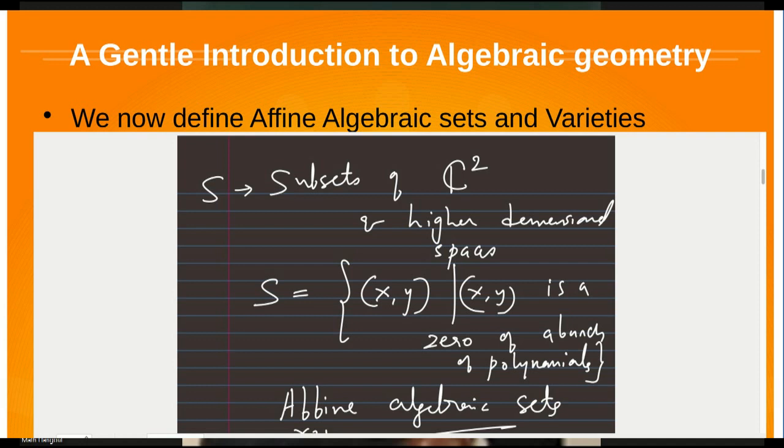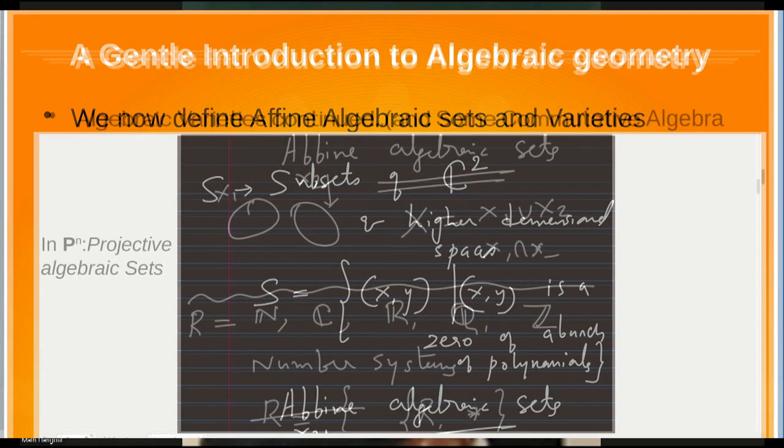In a very simplistic way, if you just have one function f(x, y) = 0, f being a polynomial in C[x, y], then if you look at all the solutions of this, because C is an algebraically closed field, we do get solutions, and the set of all solutions forms an algebraic set. That's a very simple example.